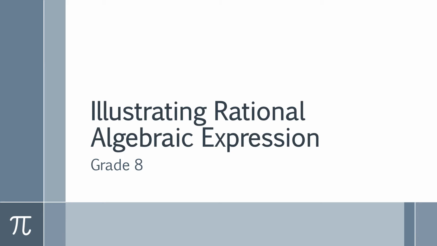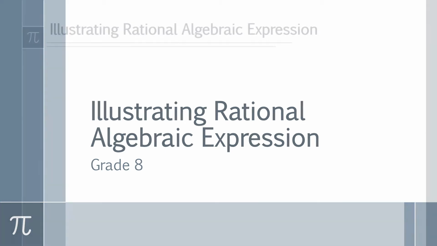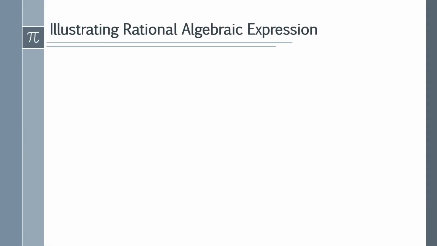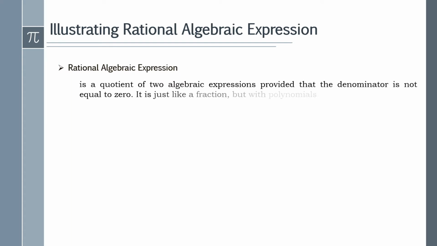For today's discussion, we're going to discuss illustrating rational algebraic expressions. Okay, are you ready? Let's go. So first, we have to define what a rational algebraic expression is. A rational algebraic expression is a quotient of two algebraic expressions, provided that the denominator is not equal to 0.